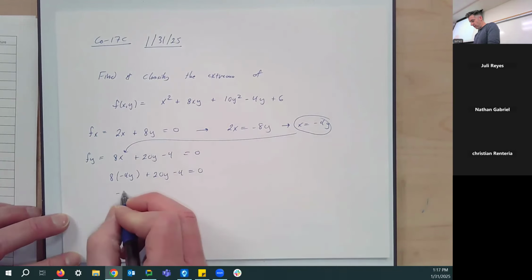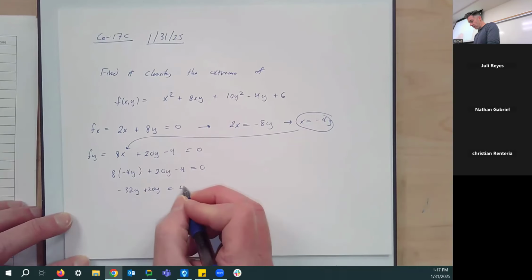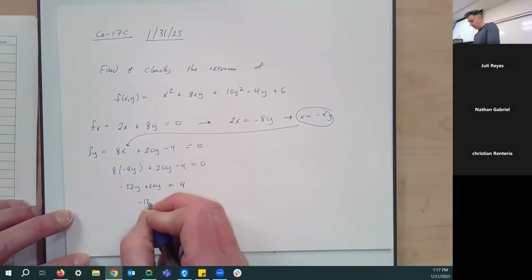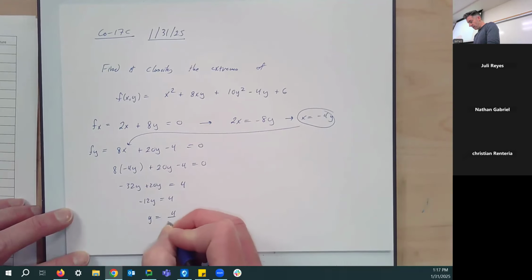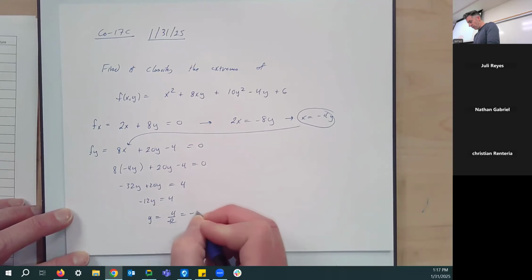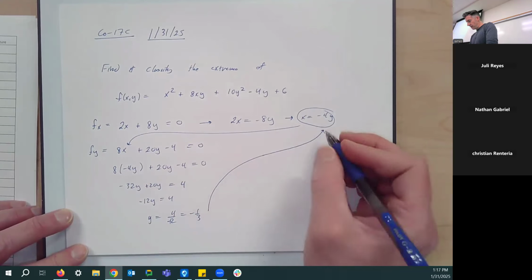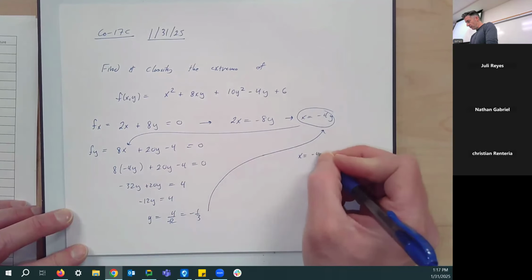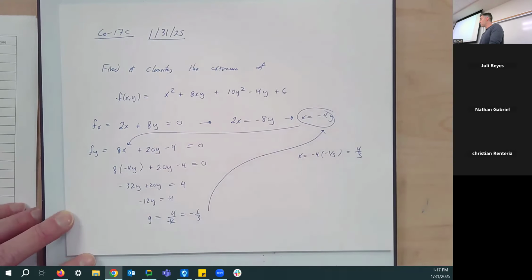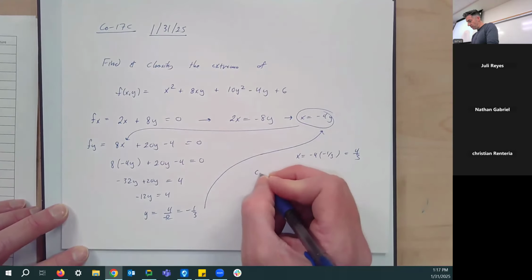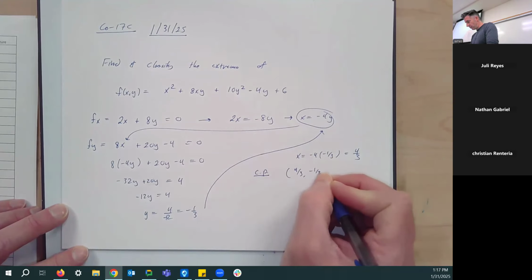So negative 32y plus 20y equals positive 4. Negative 12y equals 4, so y is going to equal 4 divided by negative 12, which is negative 1/3. Plugging that back in, x is going to equal negative 4 times negative 1/3, which is positive 4/3. So our only critical point for this problem is 4/3 comma negative 1/3.